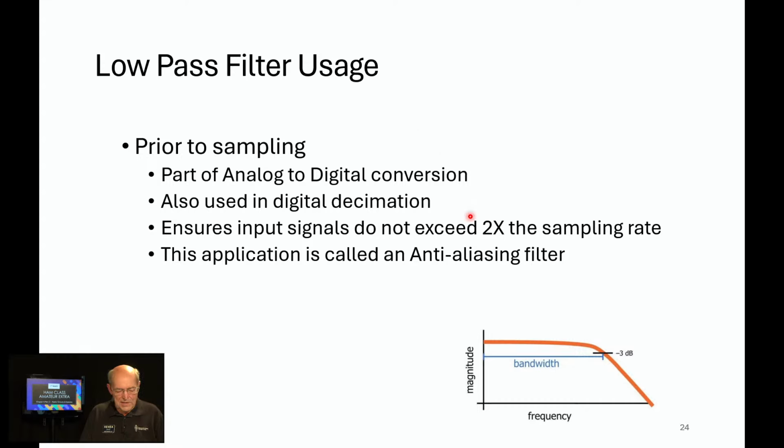So a low-pass filter is used in front of that sampling process, part of an analog to digital conversion, also used in digital decimation, tying more pieces together here. It ensures the input signals do not exceed twice the sampling rate. So here we're going to cut off those higher frequencies. We only want to deal with these. And when we're doing it this way, it's called an anti-aliasing filter.